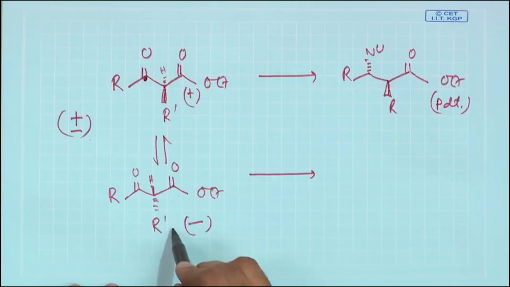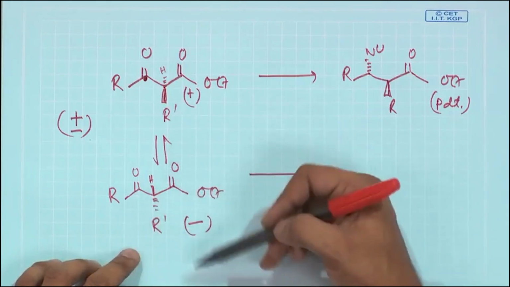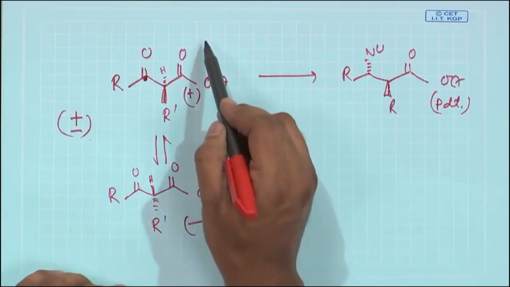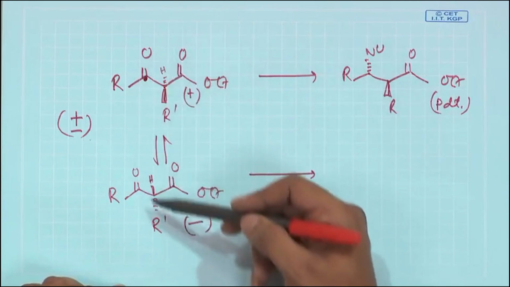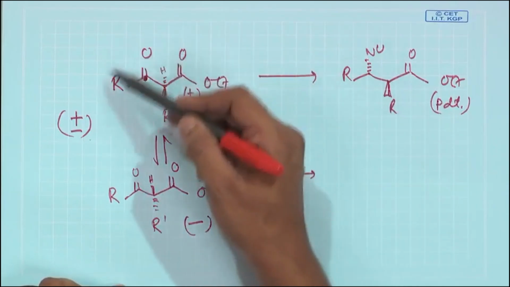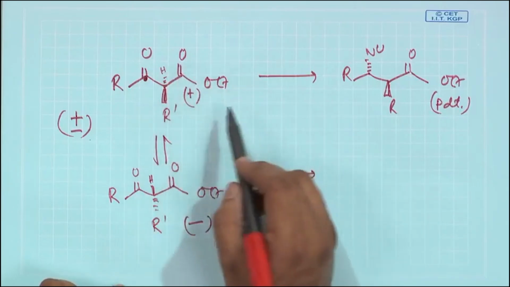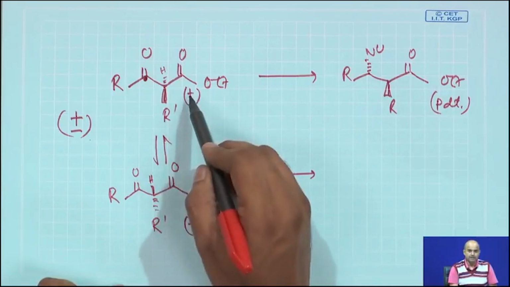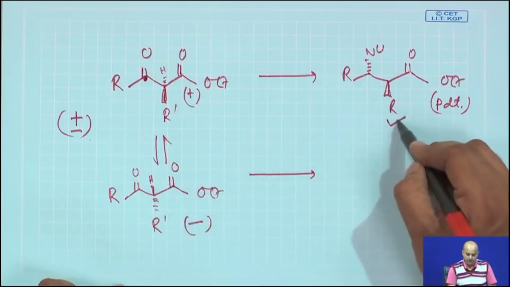The slow reacting enantiomer, due to the presence of this highly labile acidic hydrogen, will instantly epimerize again. So, whether or not the fast reacting enantiomer reacts, there will always be a steady supply of racemic mixture. Once the slow reacting enantiomer epimerizes back, the fast reacting enantiomer then reacts. Slow reacting epimerizes again, reacts. So, the reaction will continue till you get the final product.